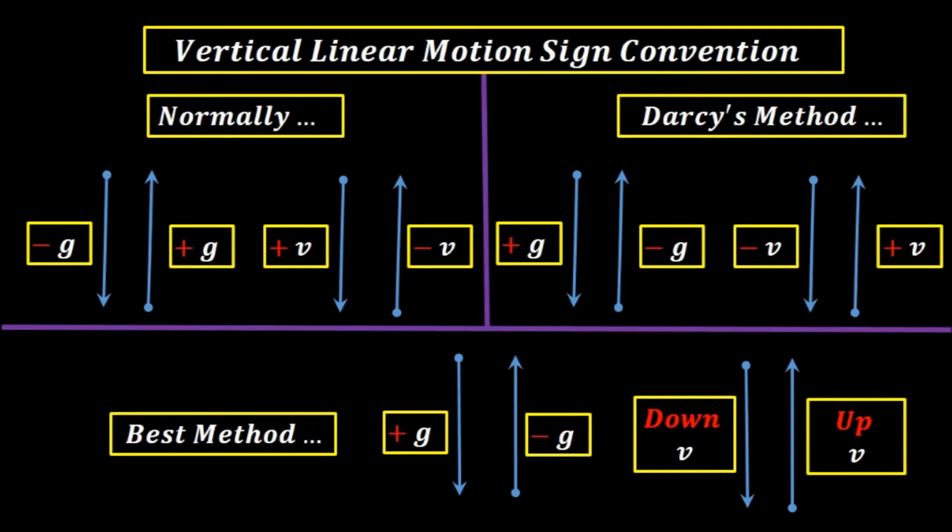So down would be positive G, up would be negative G. And instead of saying plus or minus velocity, you simply say it's going down at a certain velocity or it's going up at a certain velocity, and that would straighten up everything. So just give a little bit of detail. You can do the problem and then assign later some detail describing the motion a little bit more clearly.